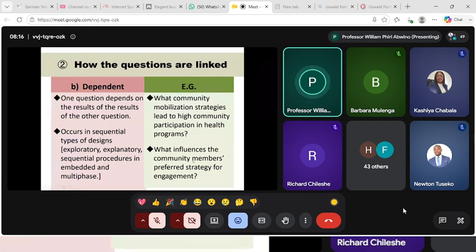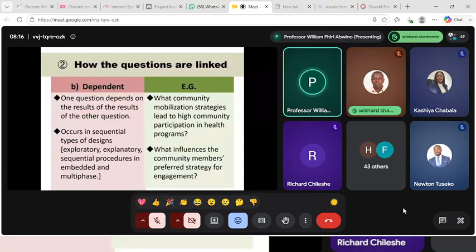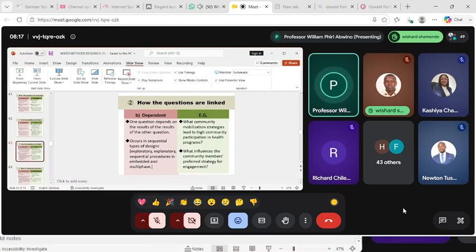Can I leave you now? I thought of just hinting on some of these, especially the mixed methods, because they are the highly abused and misapplied approaches or designs, if you want.